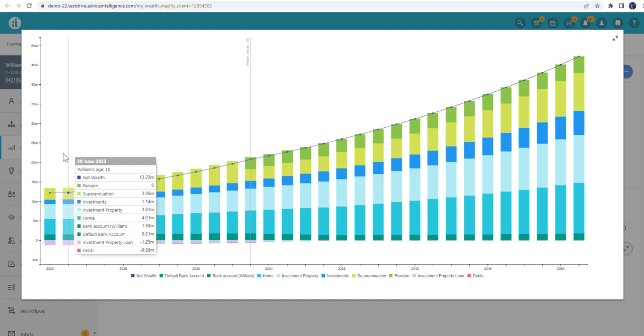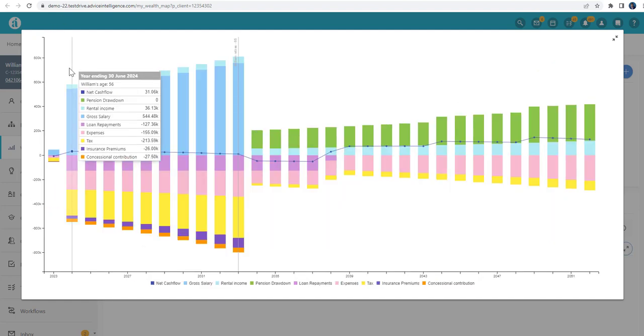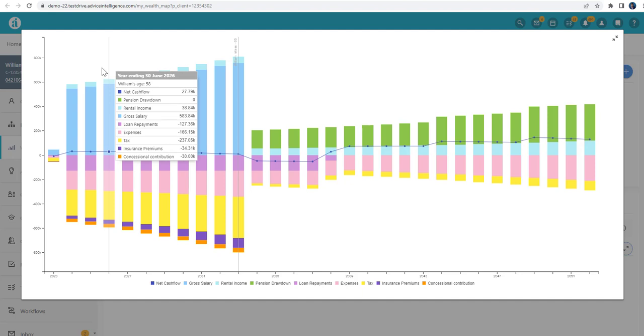Despite all of this, William only has a net cash flow of about $31,000, as an average, across the next few years, as you can see.